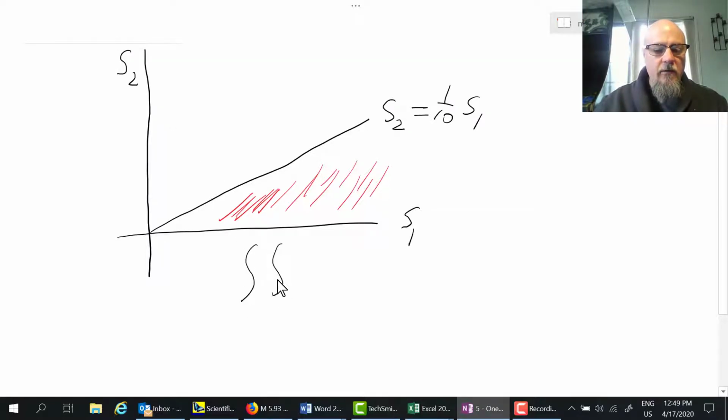I'm going to do y2 first, because y2 has to do with S2, and S2 starts on the line S2 equals 0 and goes to the line S2 equals 1/10 S1.